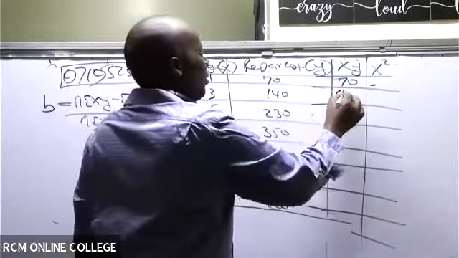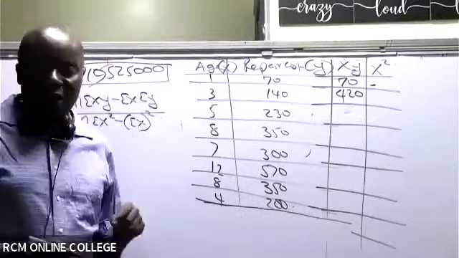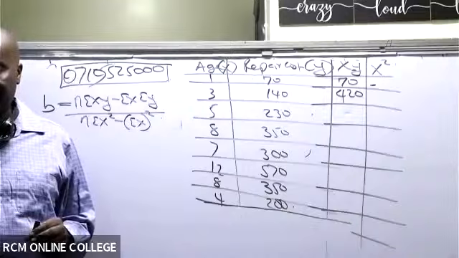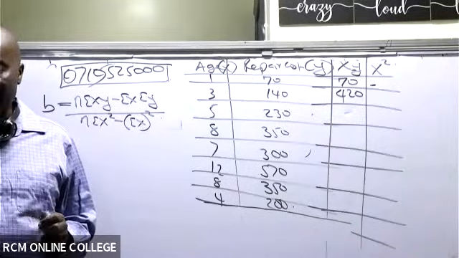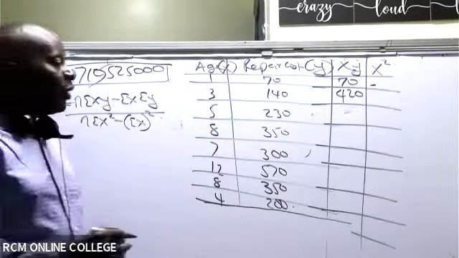Thank you so much. And then we have here 5 times 230. Laura says 1,150. Thank you very much, Laura.